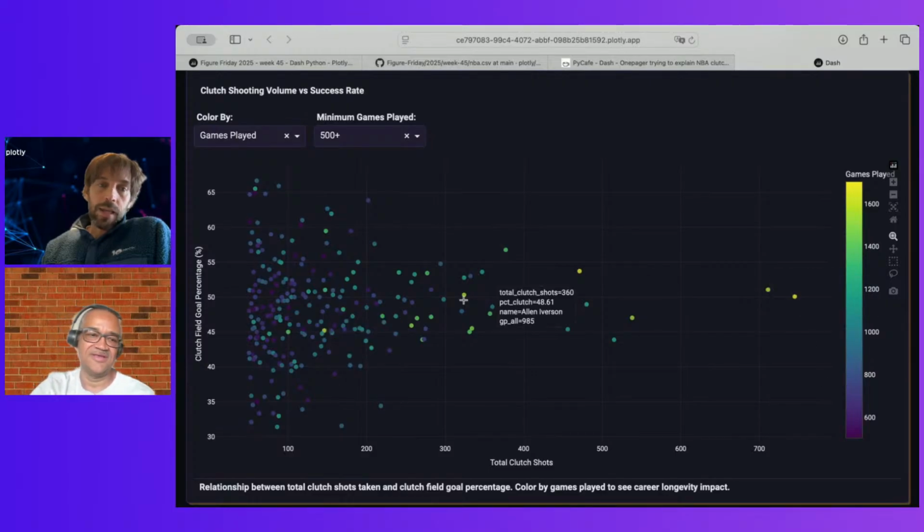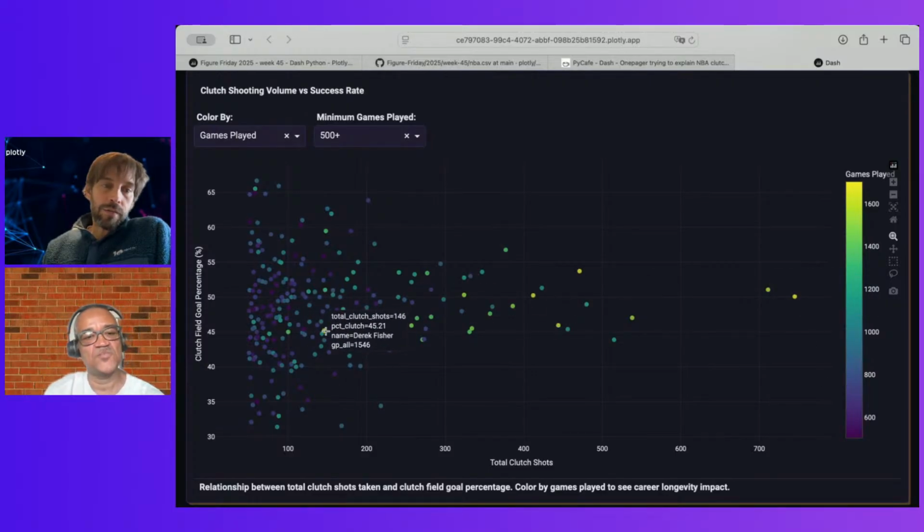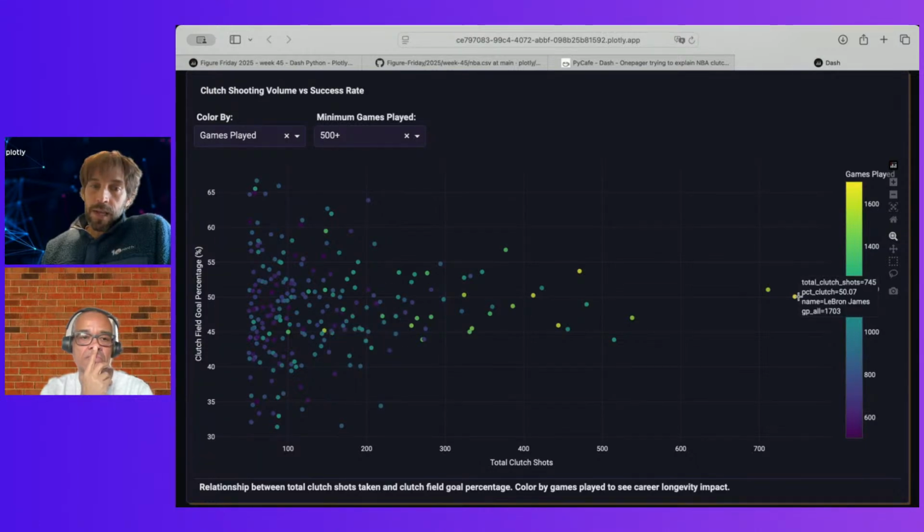And here, look at this interesting fact. Here you have Derek Fisher, who played as many games as Kobe Bryant, but had very few clutch shots. He wasn't selected to make the last shot, and the percentage wasn't that bad. He has a clutch percentage of 45% compared to, let's say, LeBron James at 50%. So James has 5% more.